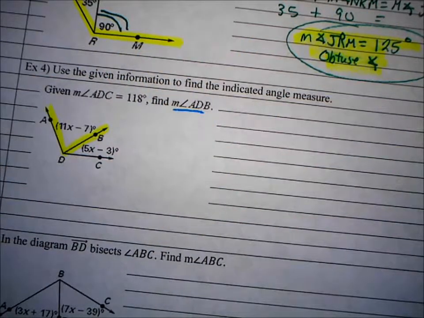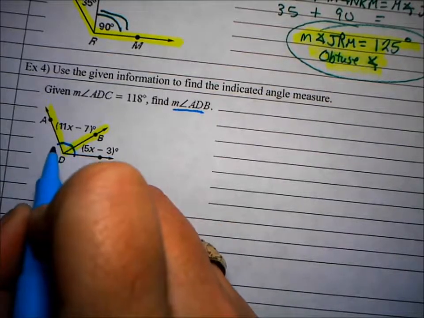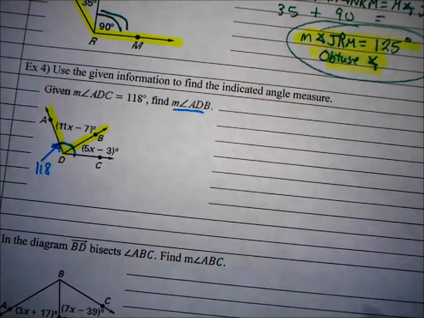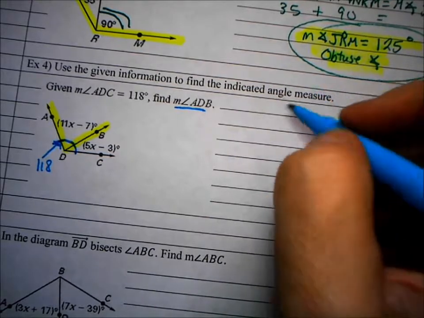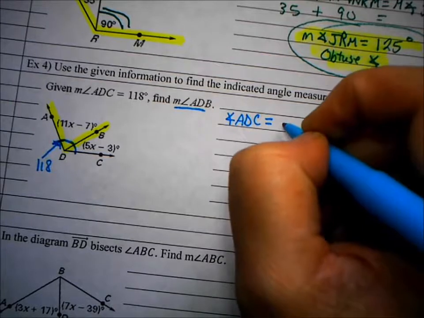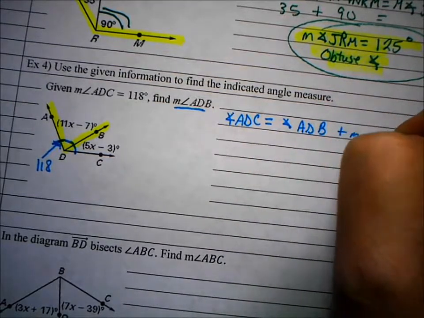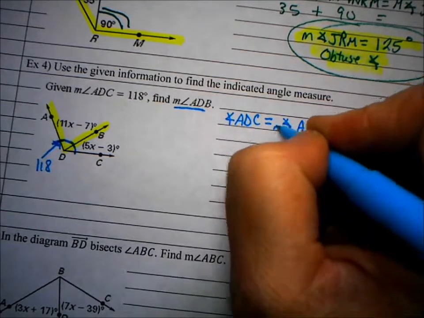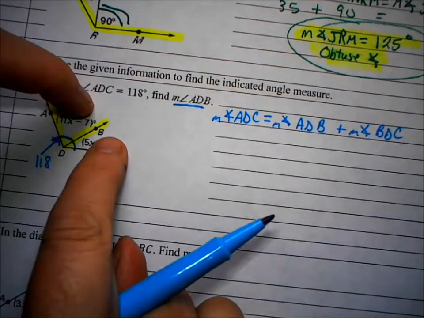They do tell me that ADC, the entire angle, is 118 degrees. I know by the angle addition postulate that angle ADC is going to equal angle ADB plus angle BDC. So I know this big angle is going to equal the two little angles.